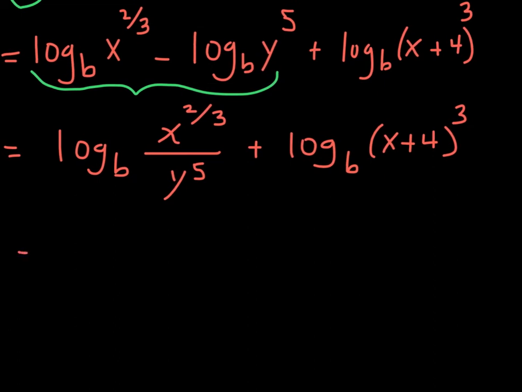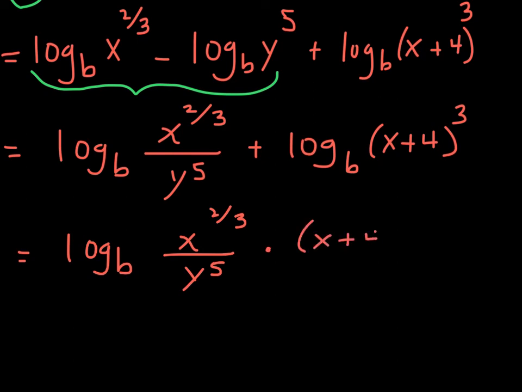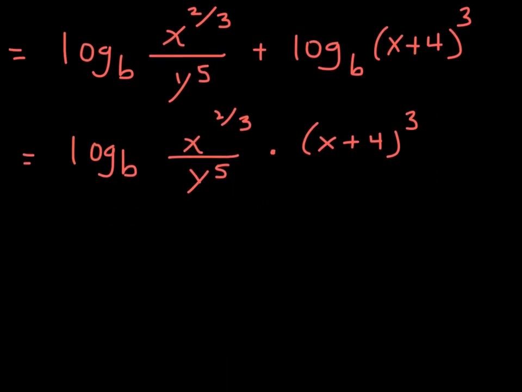All you would have to do is multiply your arguments. The first argument is x to the 2/3 over y to the 5th, this times the second argument, which is x plus 4 quantity cubed. Technically, you're done. You rewrote this as a single logarithm, but please allow me just to clean this up just a little bit, all right?